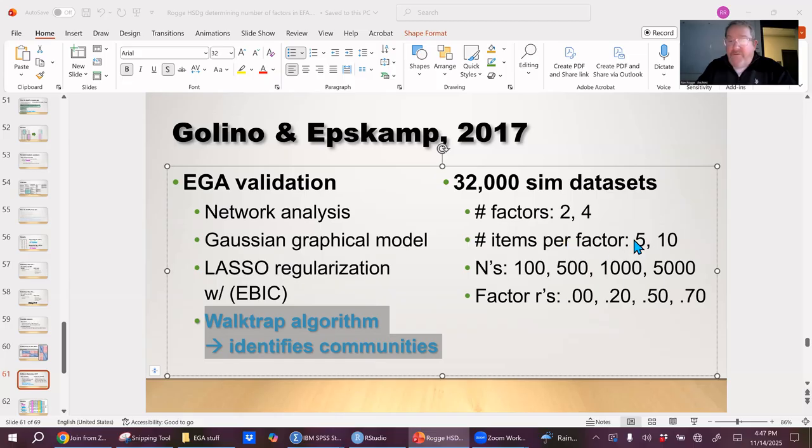They varied the number of items per factor, 5 or 10. They varied the sample sizes from 100 to 5,000. And they varied how much the factors correlated with each other, from 0 being completely uncorrelated to 0.7 being pretty correlated. Does it make sense? Correlated close to what the MPFI subscales are correlated.